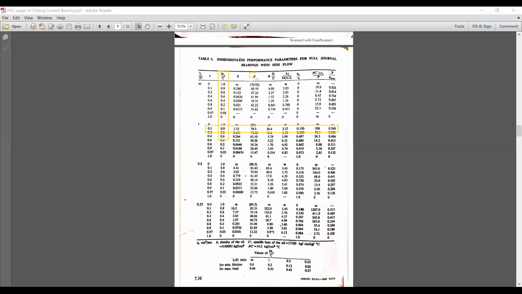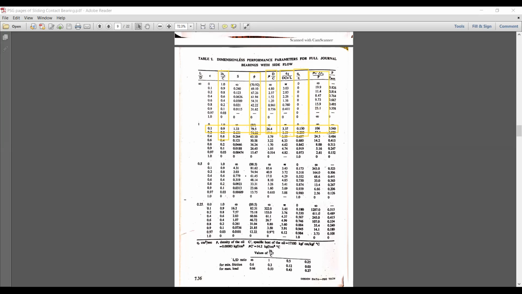The value of phi is 79.5. The ratio of mu into d by c is 26.4. Then the ratio of 4q divided by d c' n' l is equal to 3.37. Then the ratio of qs by q is equal to 0.15.